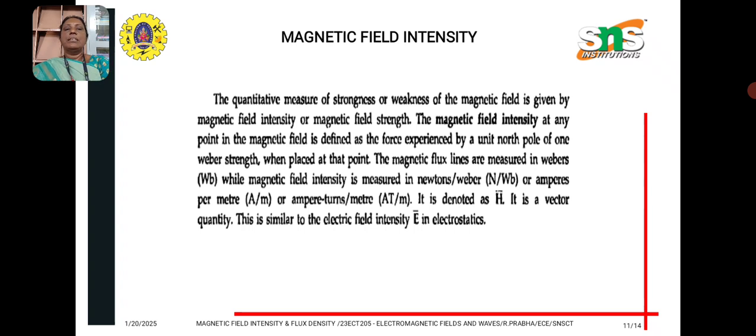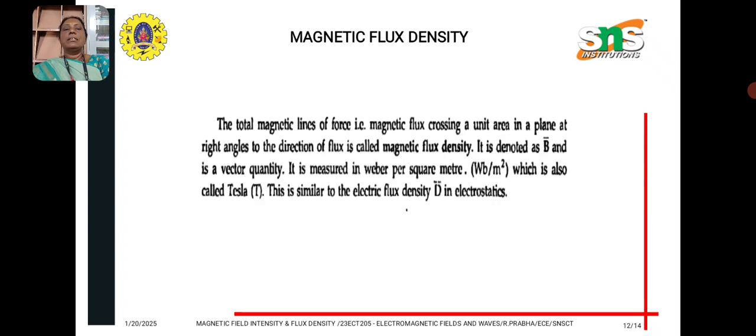It is a vector quantity similar to the electric field E vector in electrostatics. The magnetic flux density is denoted by B, measured in Weber per square meter, also given by the unit Tesla, and this is similar to the electric flux density D in electrostatics.